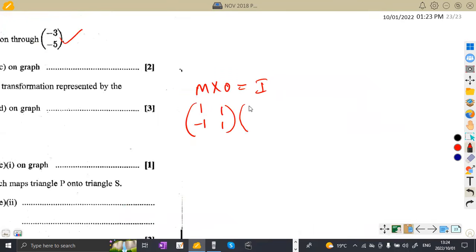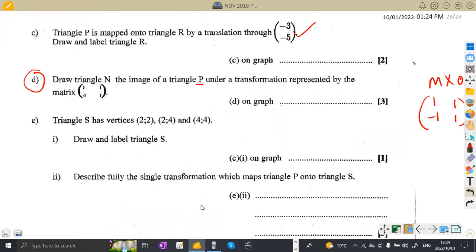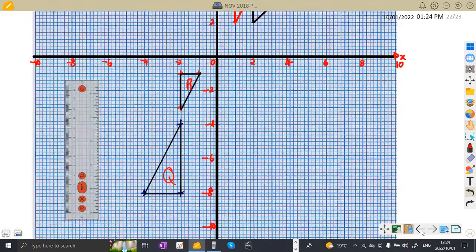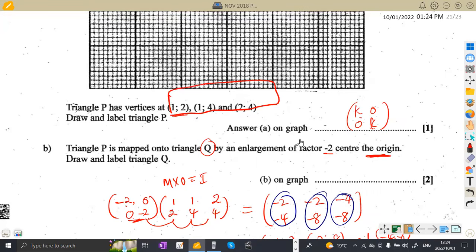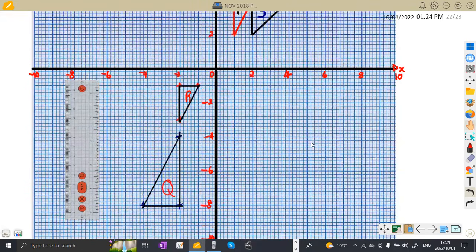The first one is (1, 2). Let us call these points P. Let's get back and see the second one. It's (1, 4), and (2, 4), if I'm not mistaken.